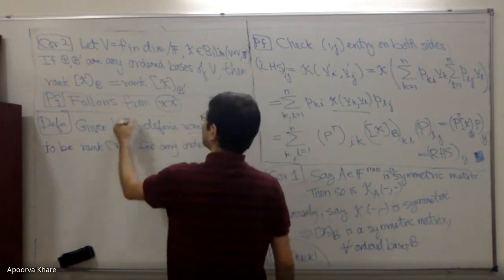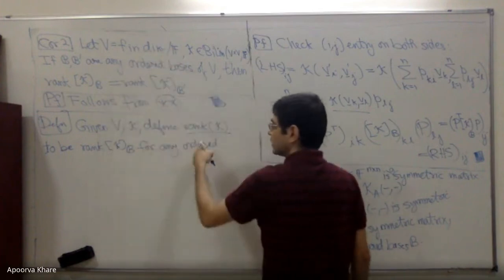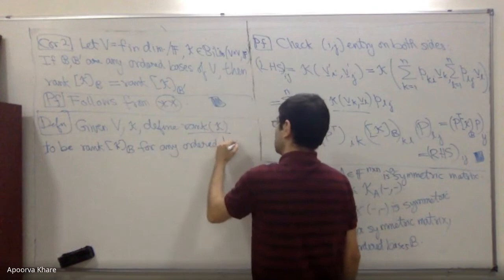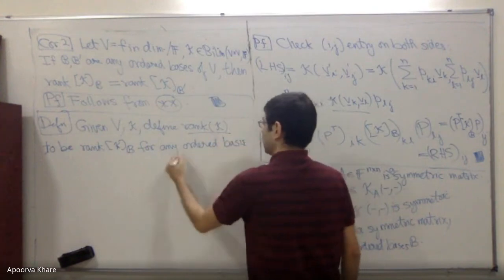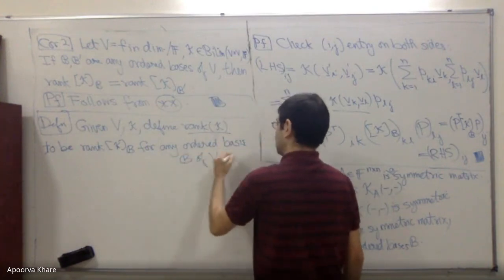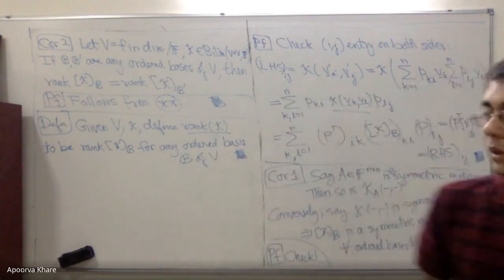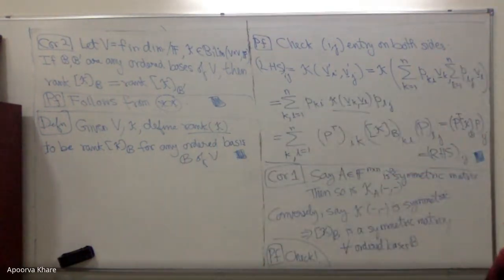Given V and kappa as above, V is finite dimensional, so I have a finite basis and therefore a finite matrix. Okay, that is the definition of the rank.